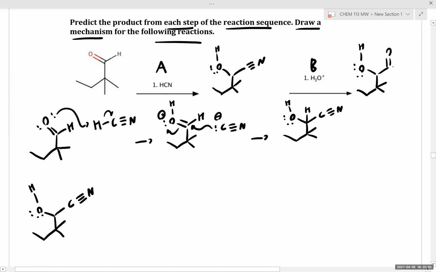How are we going to get this carboxylic acid from a nitrile under aqueous acidic conditions? Would anyone like to propose a mechanism or series of steps? Or does anyone have a question as they work through these mechanisms?